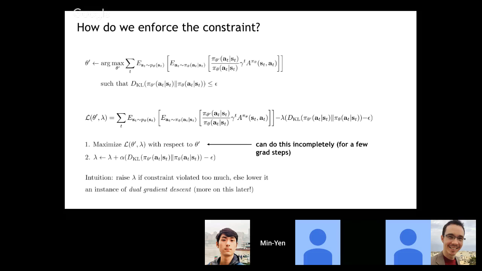The constraint is saying that whenever the KL divergence is larger than epsilon, then we put more weightage on lambda to put more pressure on this. So every time it exceeds the constraint, we put more weightage on it, so that it becomes more and more important to satisfy the constraint over time.